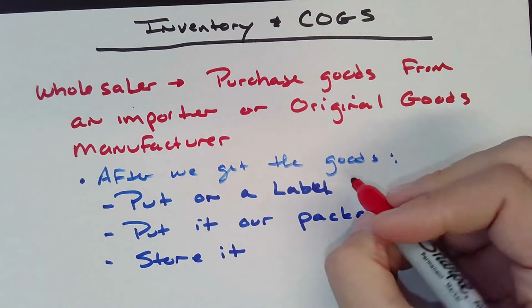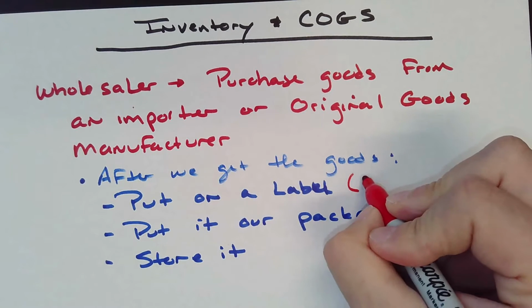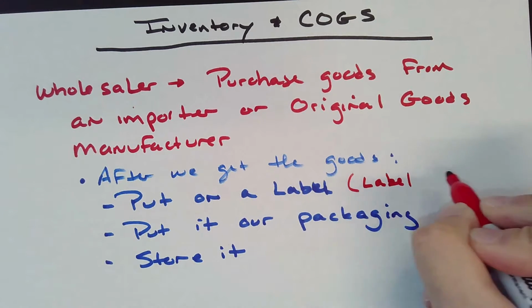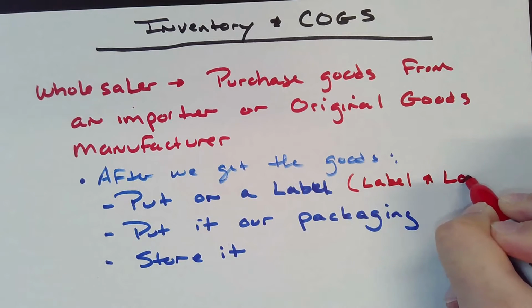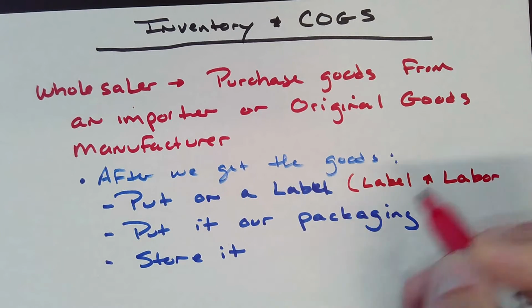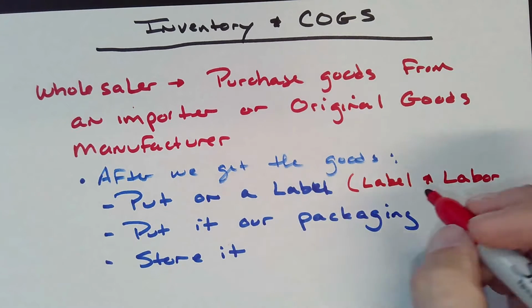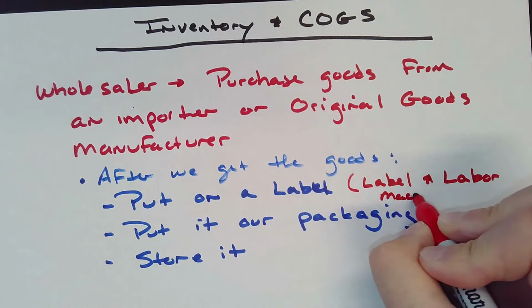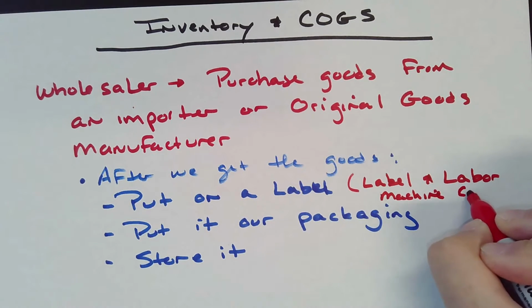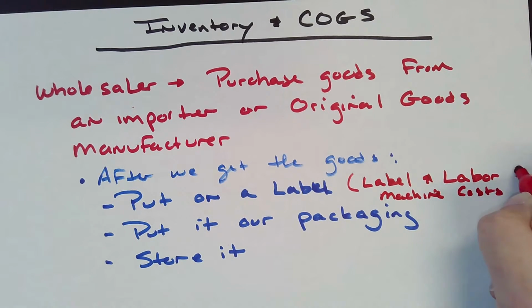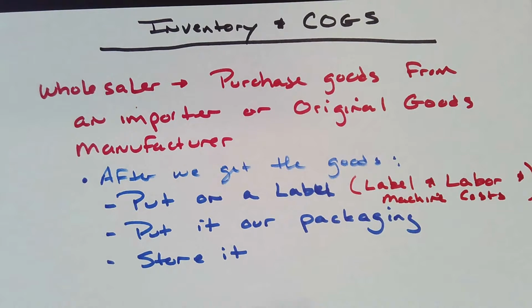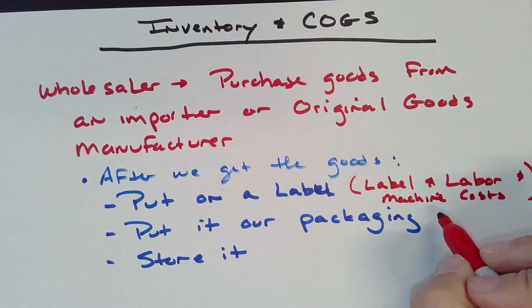Right? And there are costs associated with each one of these. So there are costs for the label and labor. And potentially, if this is going through a machine, also potentially machine costs. Right? We're going to put it in packaging. We have the packaging.